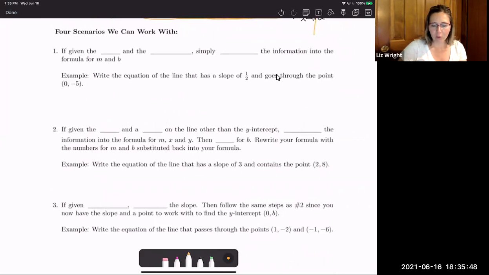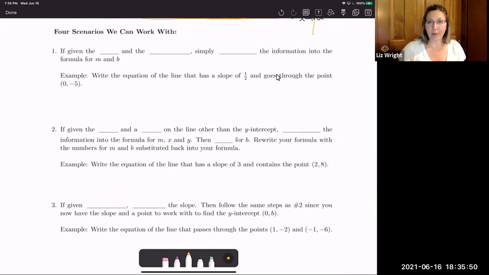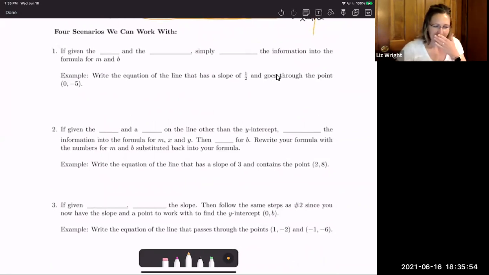Here are 4 scenarios we might be presented with when we're asked to write the equation of a line in slope-intercept form. The first scenario is that they will literally just give you the information: the slope and the y-intercept.